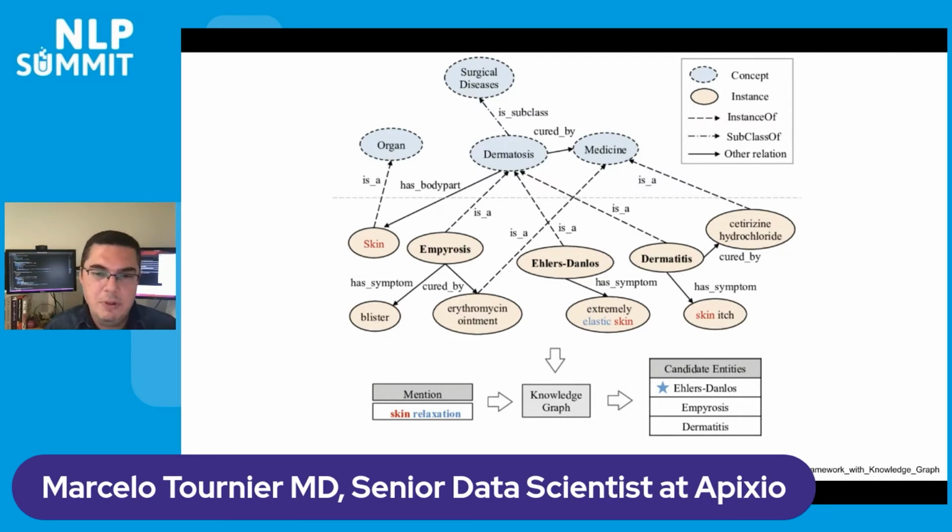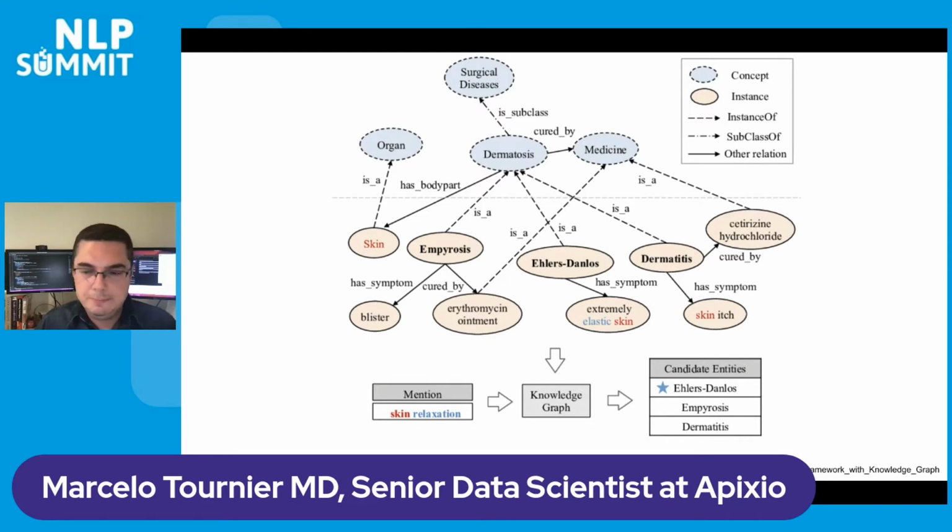But it happens that the Ehlers-Danlos syndrome is related to a lot of other things than extremely elastic skin. One could augment this graph easily, showing that Ehlers-Danlos syndrome can have some chronic joint degeneration, can have, for instance, cardiac problems or other things.